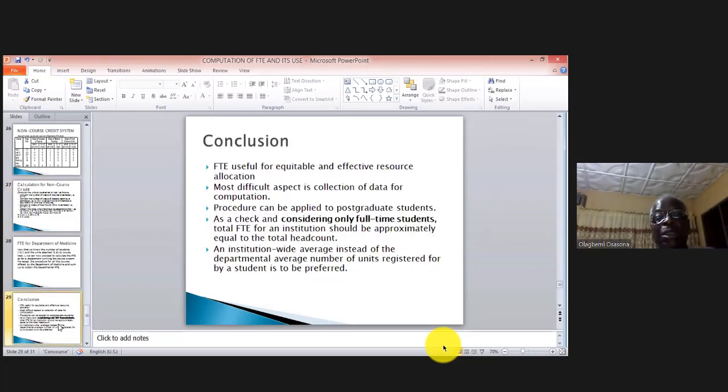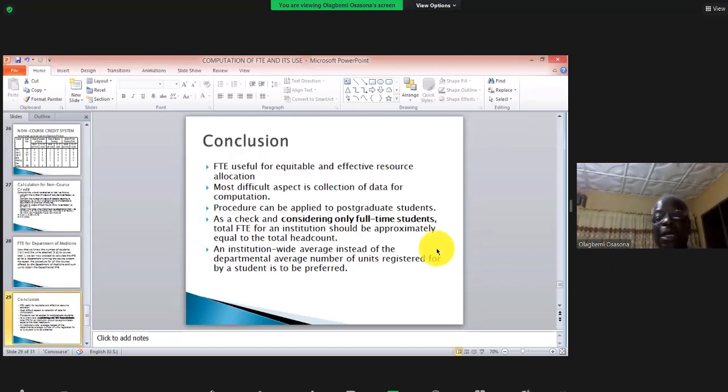In conclusion, I want to say that FTE is very useful for equitable and effective allocation of resources. And the most difficult aspect is the data collection. And as I say, you can collect from various sources and use them to compare and get accurate figures.